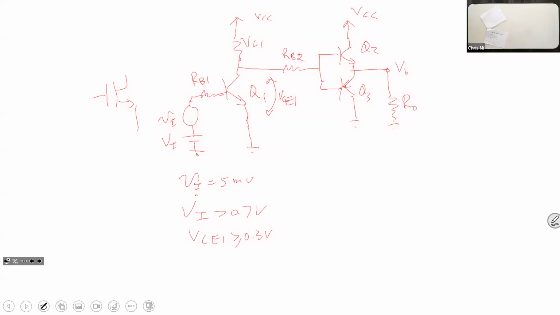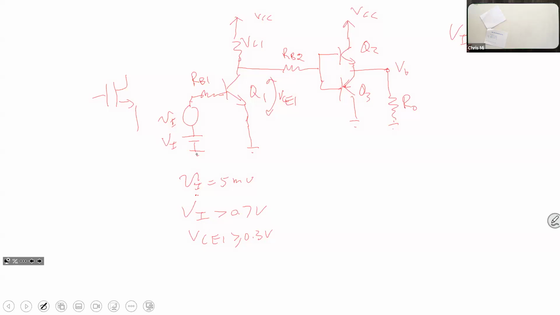Here we call this one VI the biasing voltage. That capital VI, at a certain voltage, makes the circuit go into active mode, and that voltage we call biasing. If we remove that capital VI, the whole circuit is in the cutoff mode.